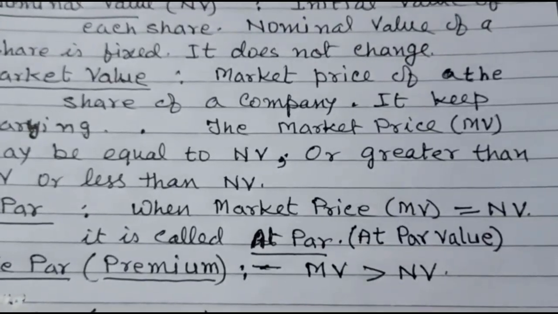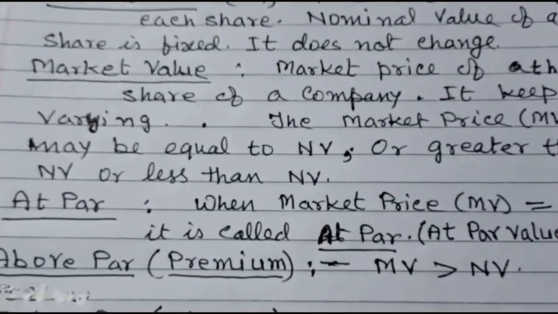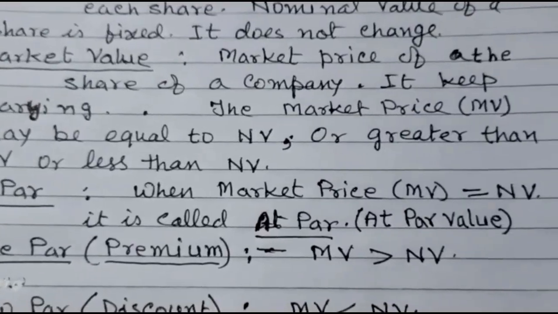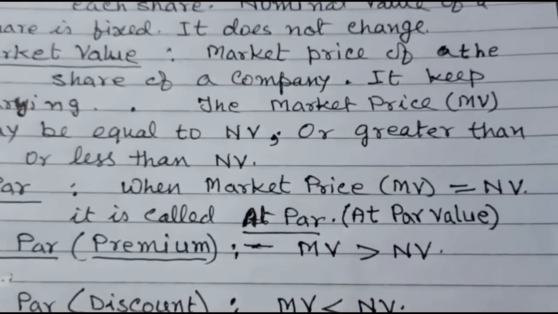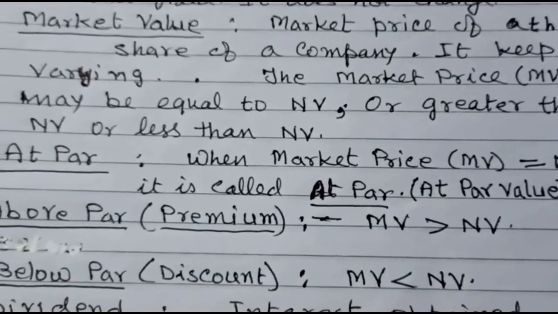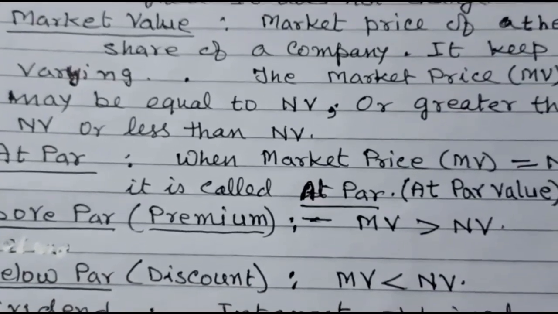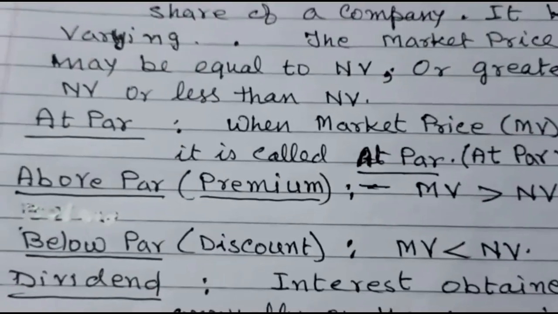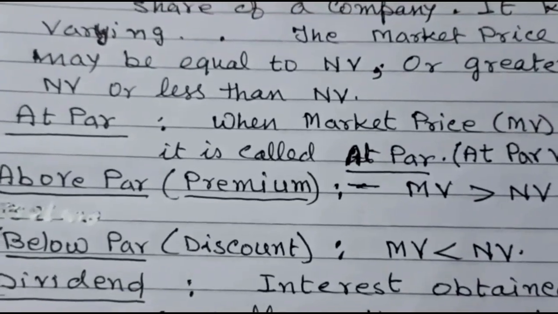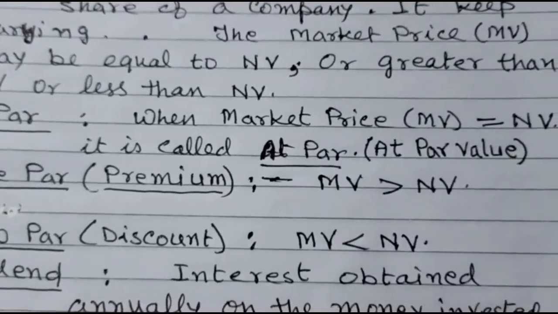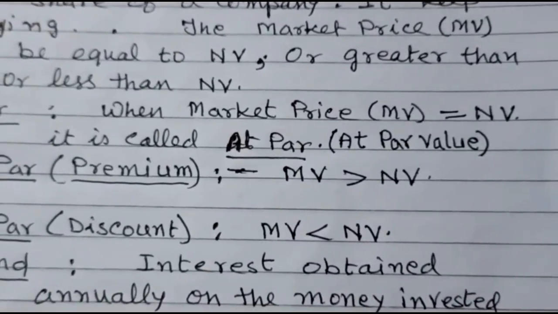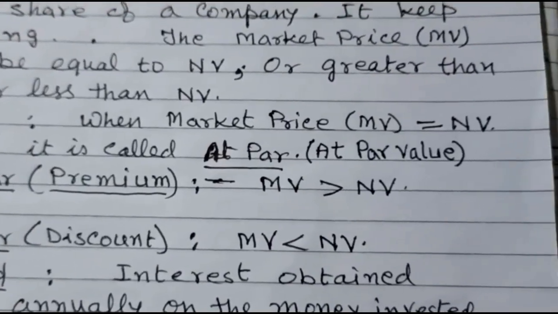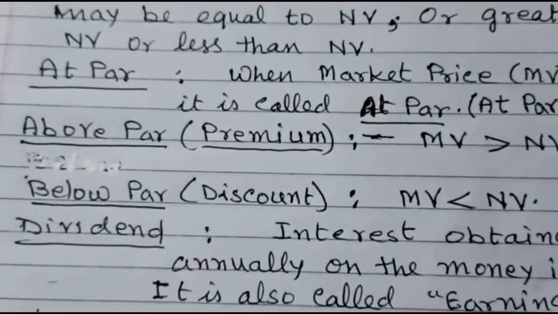The market price or market value of a share keeps varying. The market price MV may be equal to nominal value NV, or market value MV may be greater than nominal value or less than nominal value, that is NV. At par. When the market price is equal to the nominal value, it is called at par or at par value.